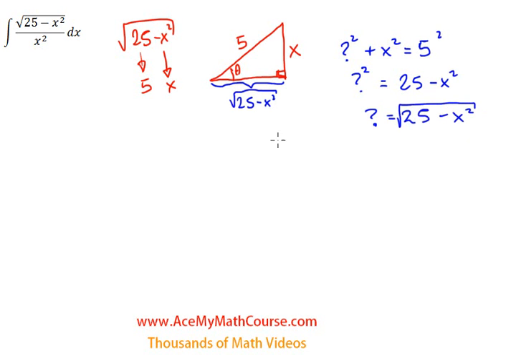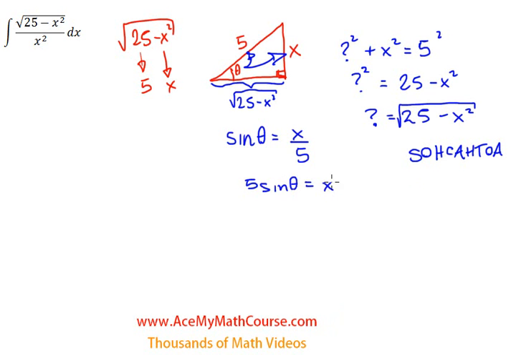Now let's figure out what the sine of theta is. Remember SOHCAHTOA? By now in calculus you should remember this. Sine is opposite, which is x, over hypotenuse, which is 5. So I'll cross multiply, and I get x equals 5 sine theta.